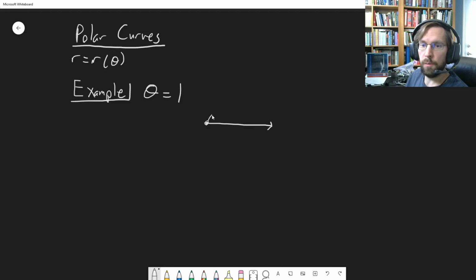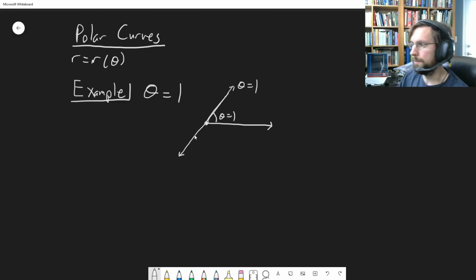So maybe about there. So everything along this line here, infinite in both directions. Again, remember there's no restriction on r. r could be positive or r could be negative. So this is the curve theta equals 1. It should look like this. This is every point where theta is 1.